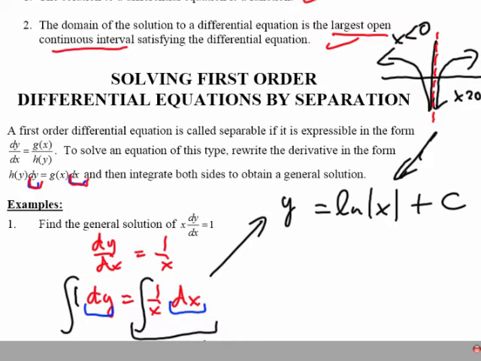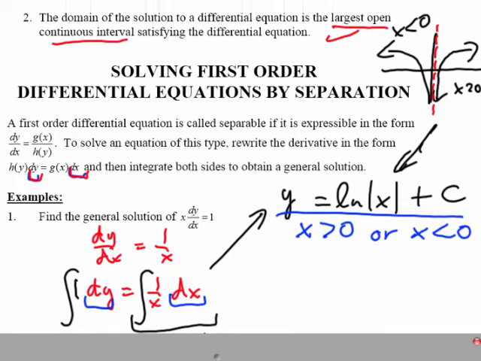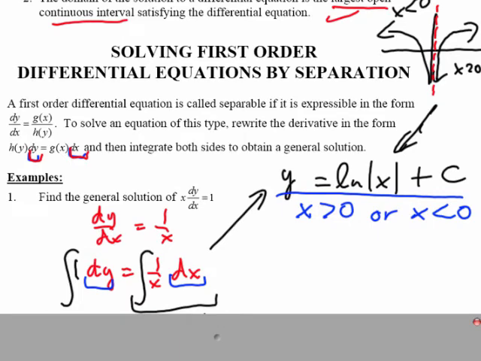So there's a couple of ways I could write this. I could write this statement and say x is greater than 0, or I could say x is less than 0. Another way I could do it is to break my absolute value up into its piecewise form. If x was positive, my solution would be ln x plus c, which you'll recognize as the right side of the graph.